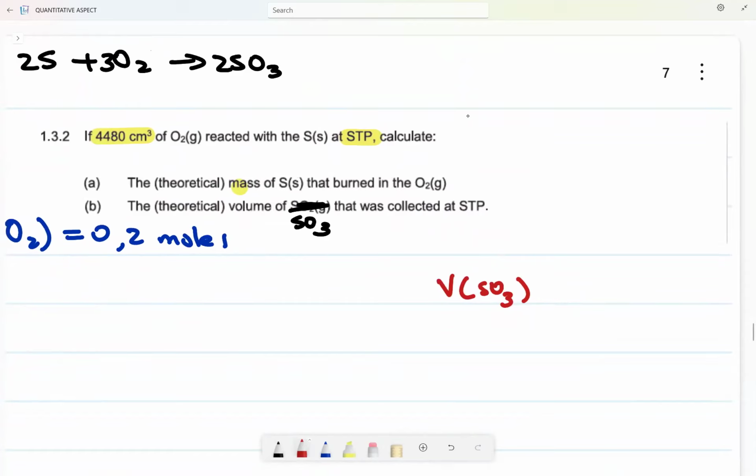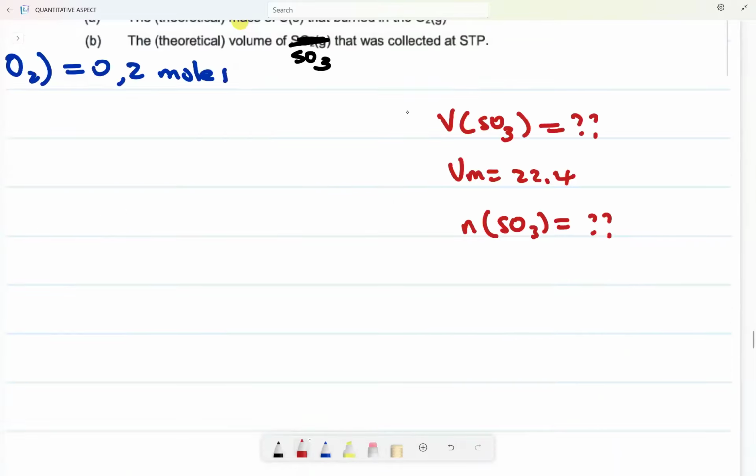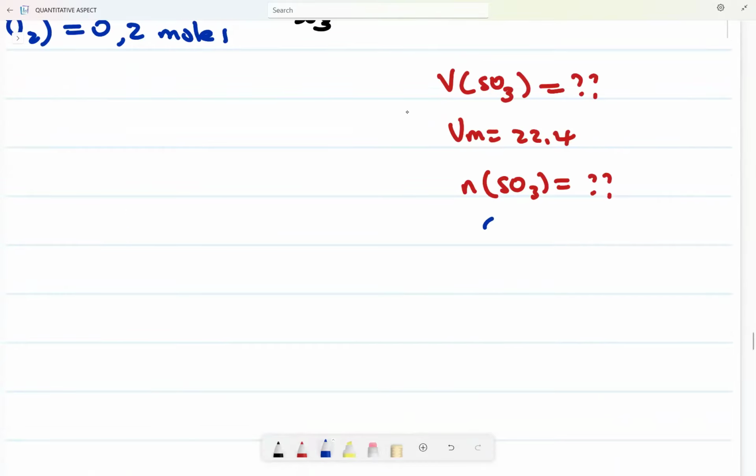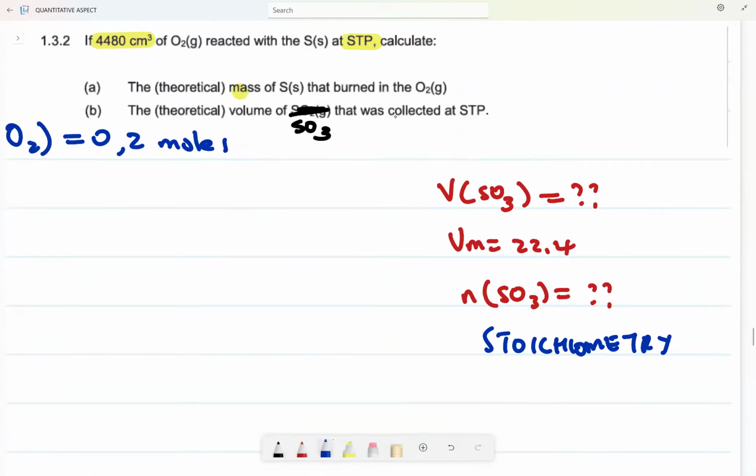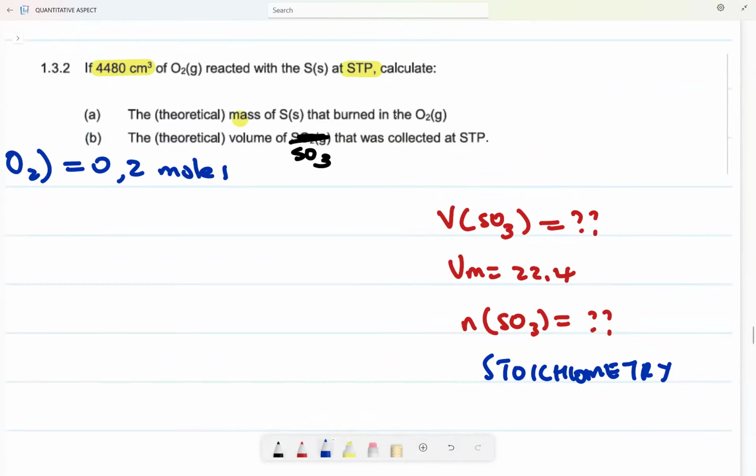So we want the volume of SO3 collected at STP. We know at STP the molar volume is 22.4. For me to calculate this, I'm going to need the number of moles of SO3. Do I have it? No. If I do not know, then it tells me automatically I need to use stoichiometry.